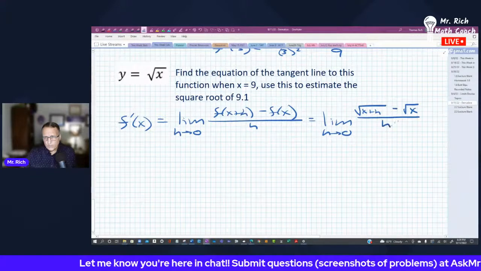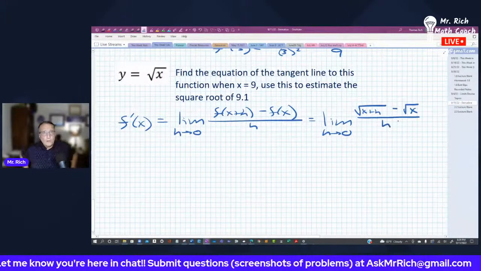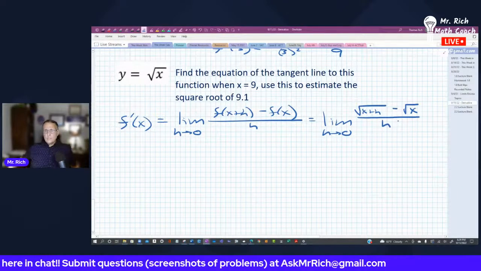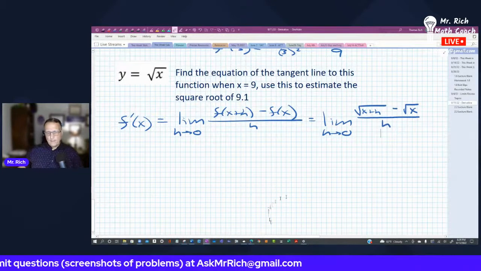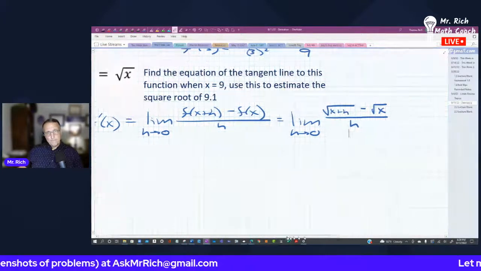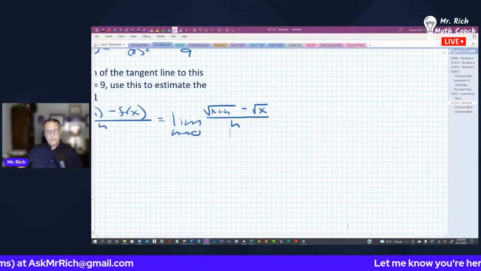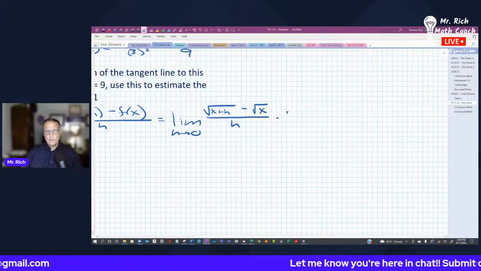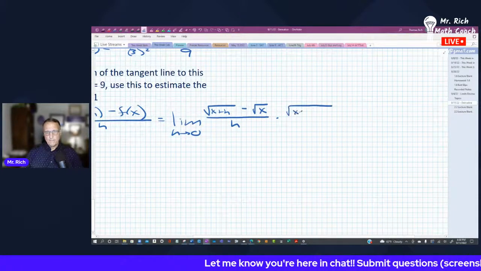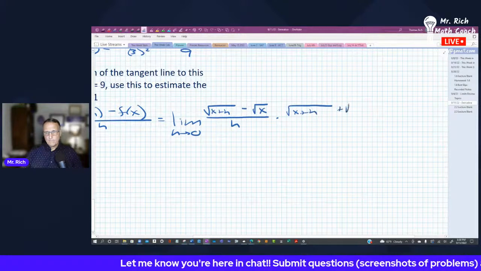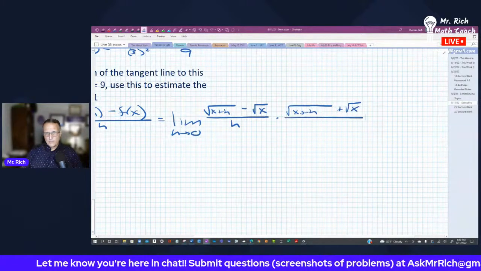Now, through direct substitution, that's 0 over 0. So what I'm going to use here is I'm going to multiply top and bottom by the conjugate of that radical portion up in the numerator. So I'm going to multiply this on top and bottom by the conjugate.